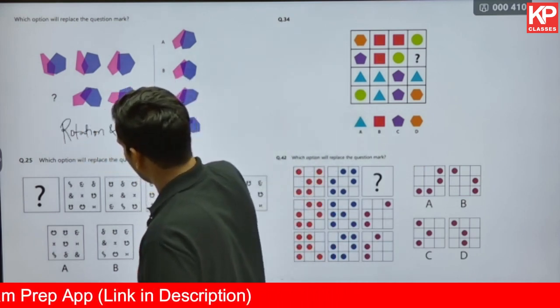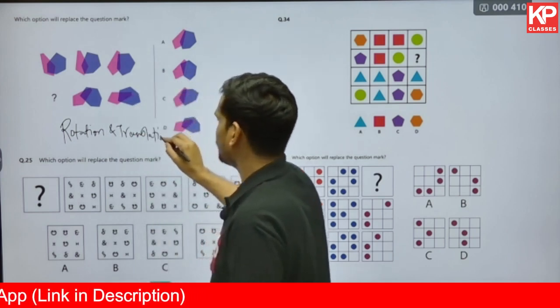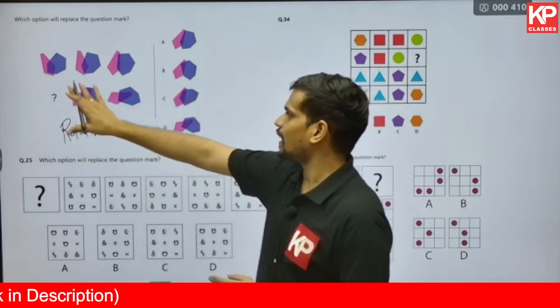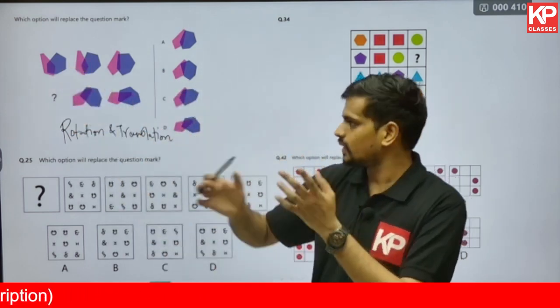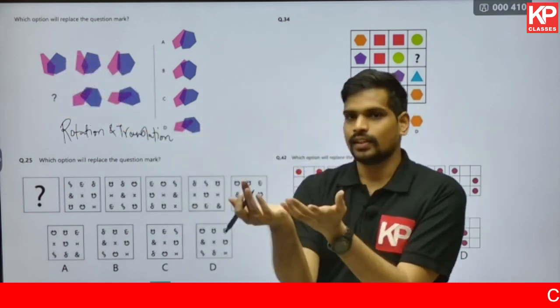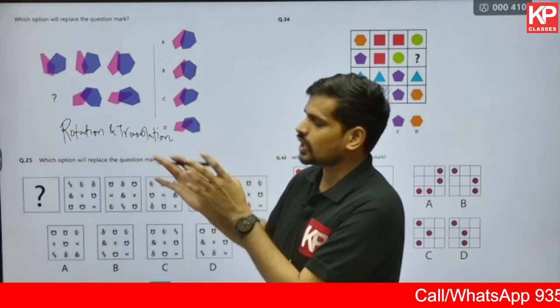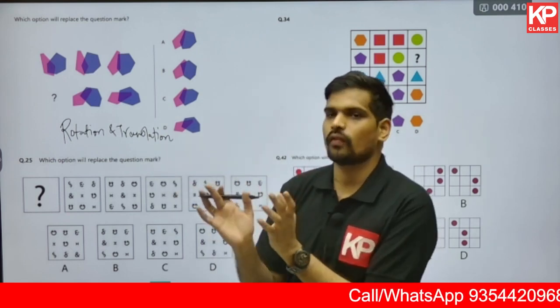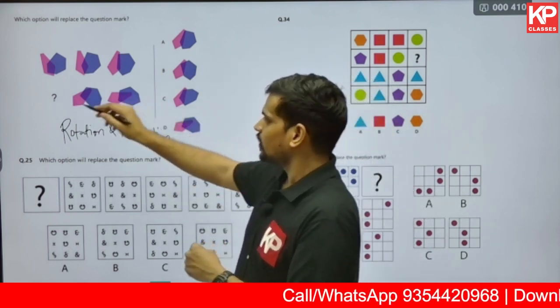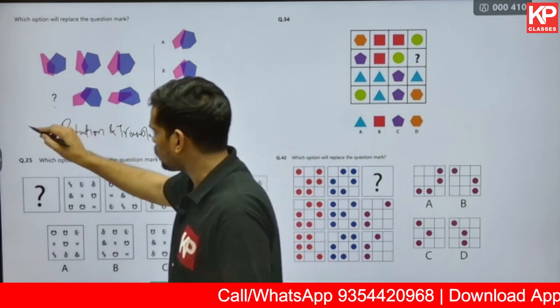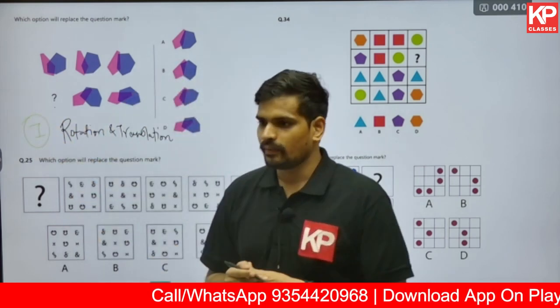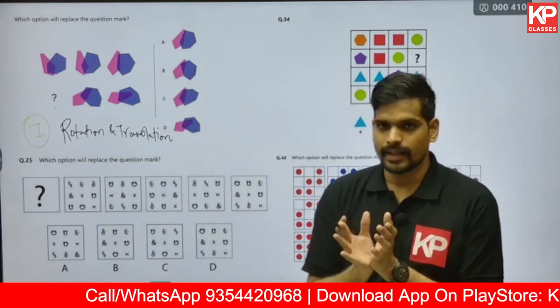Translation as in movement. If you see, there are 2 figures over here, 2 polygons, one in pink and the other in violet. There is some change in the rotation and translation or position of those elements, so accordingly you'll need to find what is missing. So that would be the first model, wherein we'll be focusing on rotation and translation based questions.